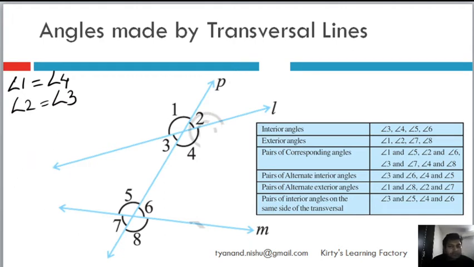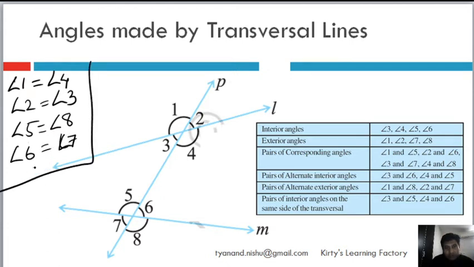Downstairs here angle 5 is equal to angle 8 and angle 6 is equal to angle 7. This I already know because I know that vertically opposite angles are equal. Now I will take one transversal line and one other line.